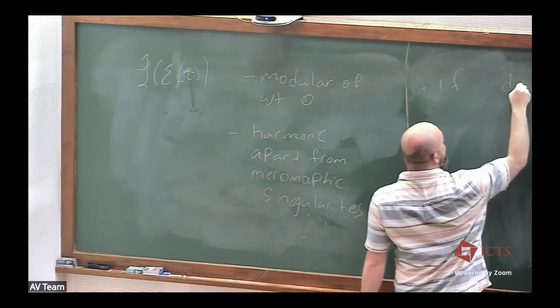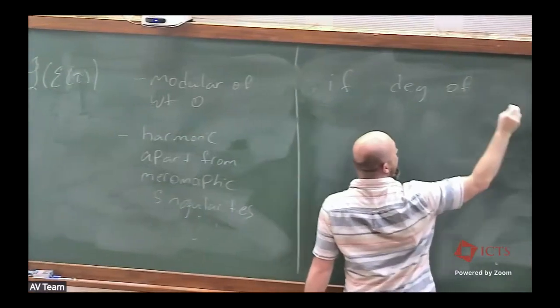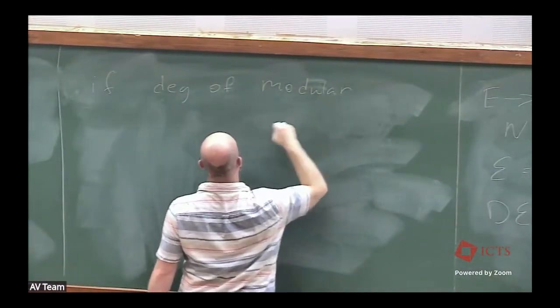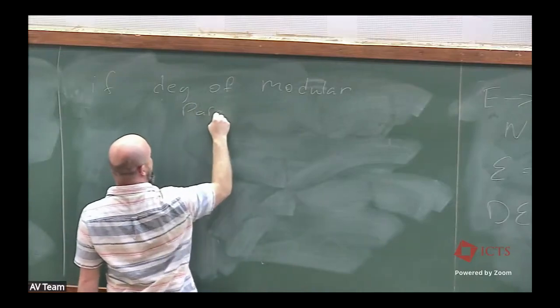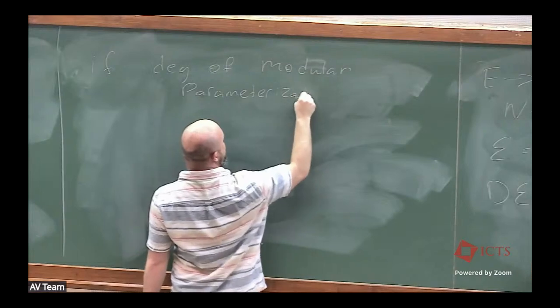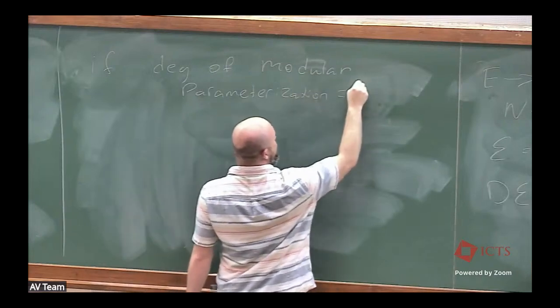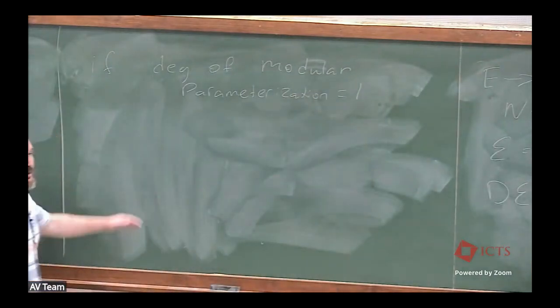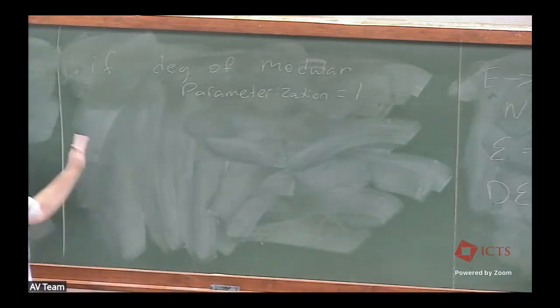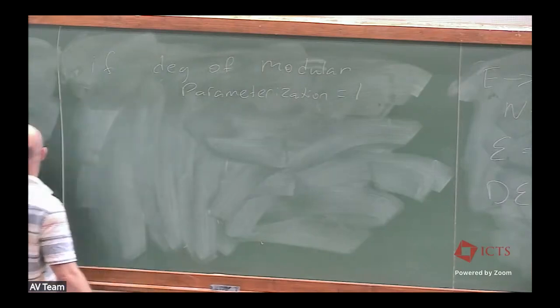If the degree of the modular parameterization is equal to 1, this is the easy case. This tells us that there's only one pole coming from the parameterization, so coming from zeta itself, which ends up having to be at infinity the way that we've constructed this.